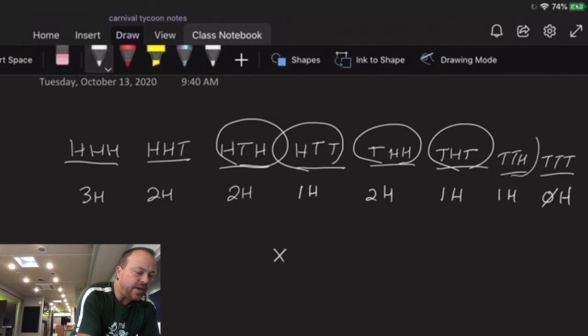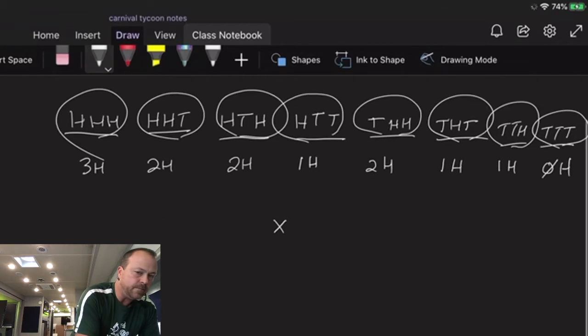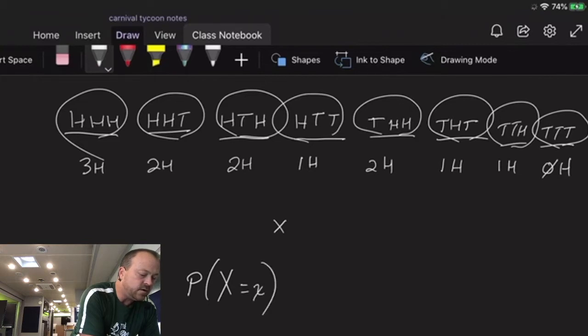And what we're thinking about in probability is, what is the probability that what we call a random variable X will equal lowercase x, all these different little outcomes that we have here.